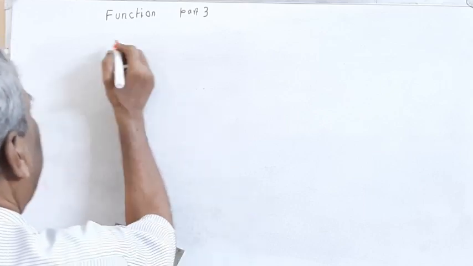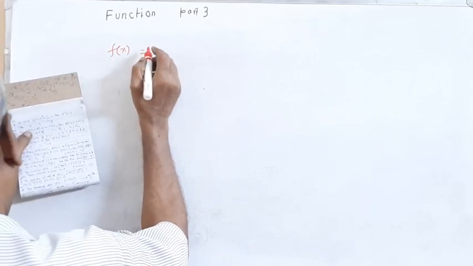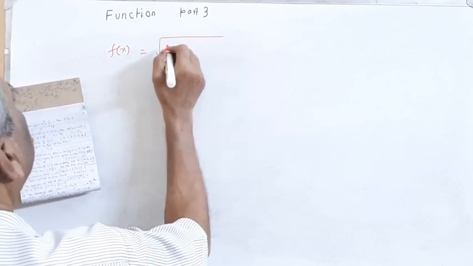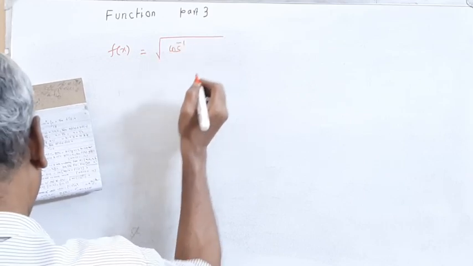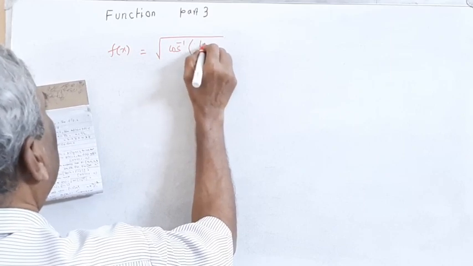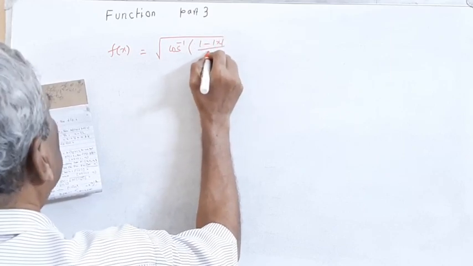Next, the domain of definition of f(x) is equal to root of cos inverse of (1 minus mod x) divided by 2.